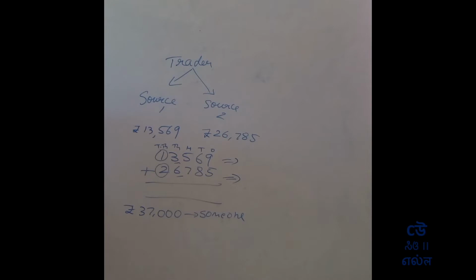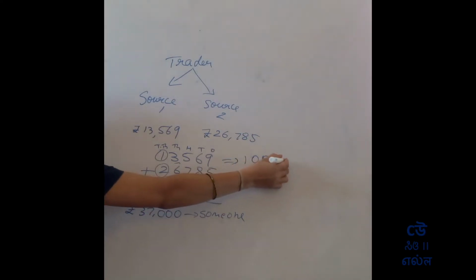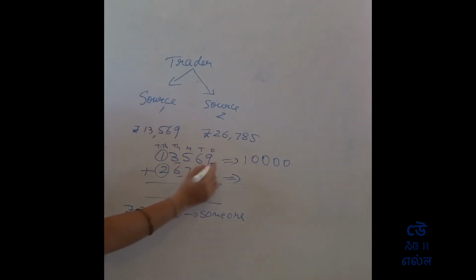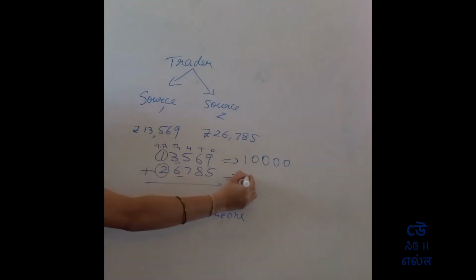Okay. So let us see how he rounded off the number. So we have the thousands place number, 3 is less than 5, so it will remain as it is. Next we have 6 is greater than 5, so we have to increase one number here.